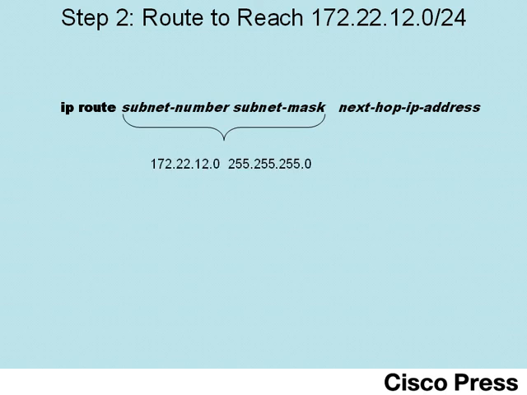In this case, we'll plug in subnet 12, or more specifically 172.22.12.0, with a mask of 255.255.255.0, which is the subnet on the right where PC2 resides. Then we'll point to the next hop IP address. Now, from router 1's perspective, that's router 2's IP address, specifically router 2's IP address on a common subnet. In this case, we'll point to 172.22.112.2, which is router 2's serial IP address.